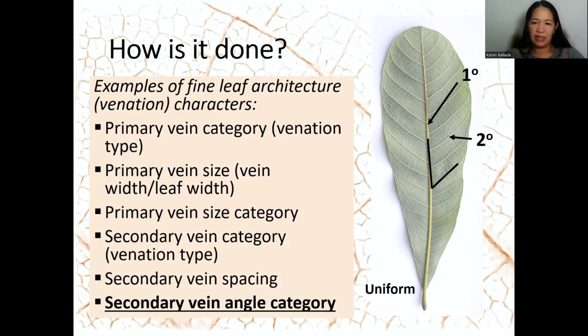As you can see, the change in the angle from the distal to the proximal part of the leaf is quite minimal, less than 10 degrees. Therefore, it is considered uniform. The other classifications of secondary vein angle category include inconsistent, smoothly increasing proximally, smoothly decreasing proximally, and so on.